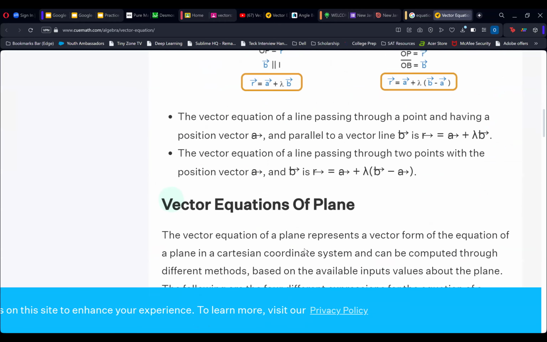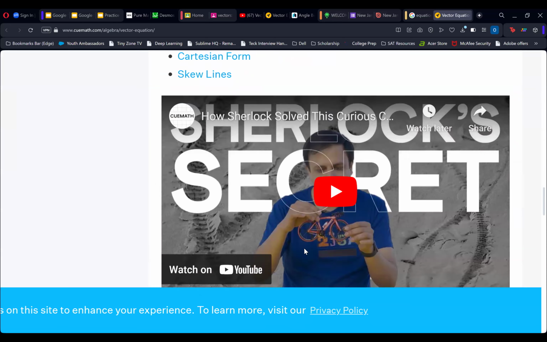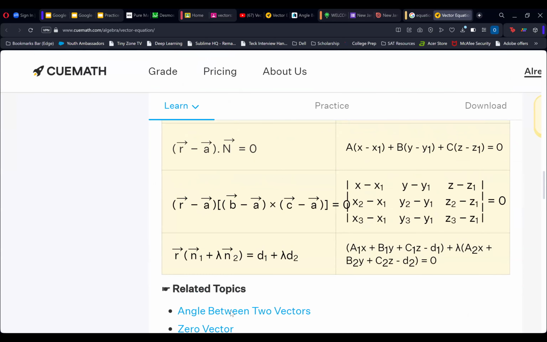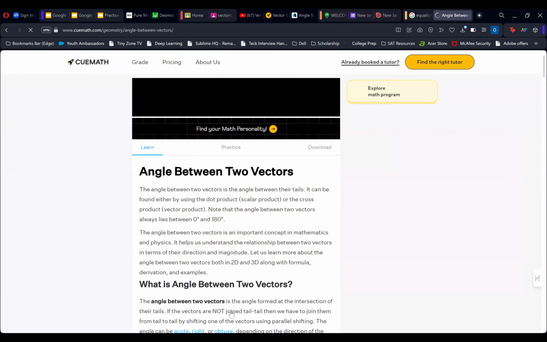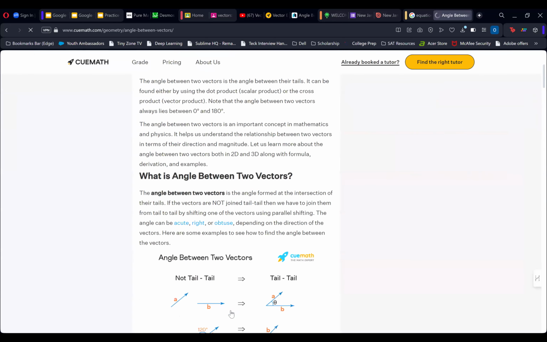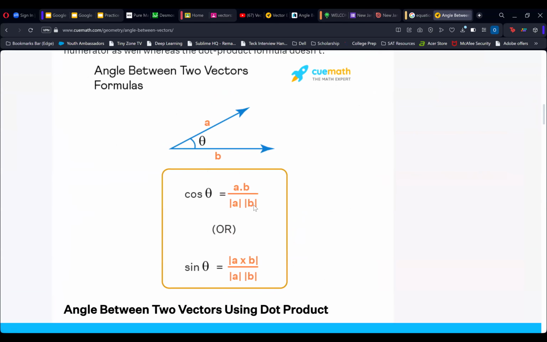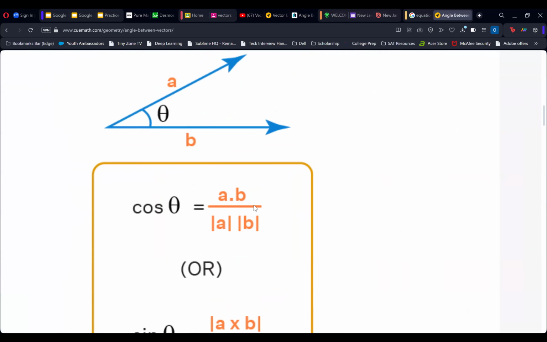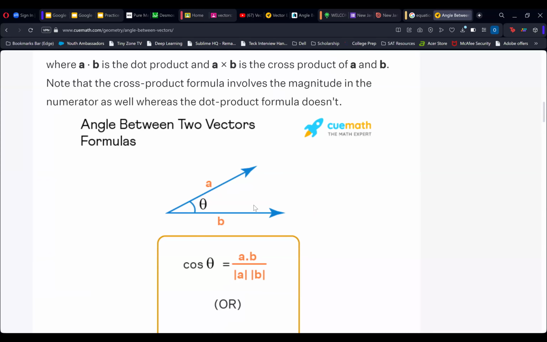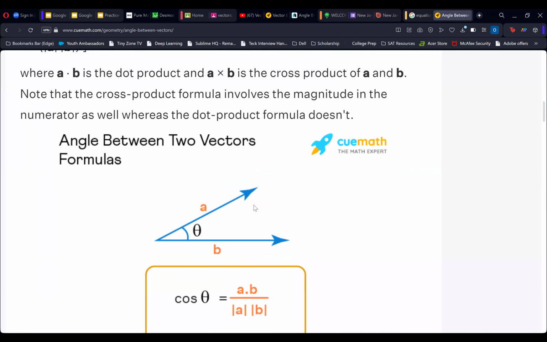The next one is this here. The angle between two vectors. The angle between two vectors, reminder is that the cosine of the angle is going to be A dot B over the magnitudes of both vectors.